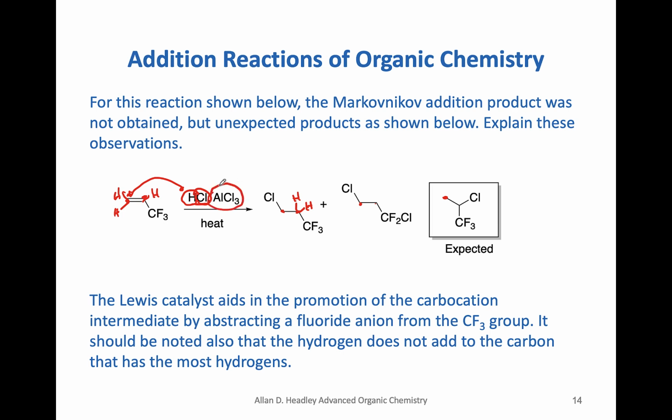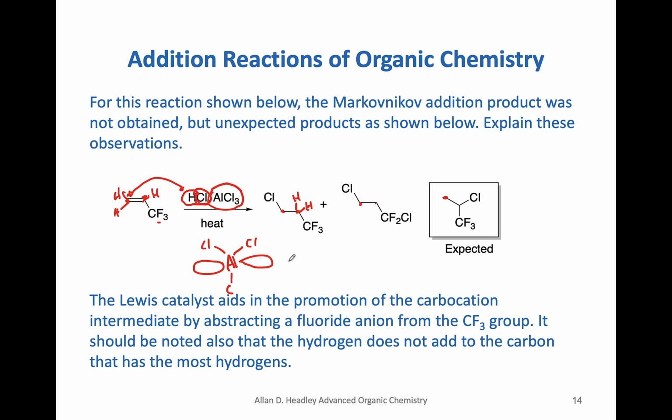As you can expect, this is one of the reactions that's unusual. So we add a catalyst here. The catalyst is a Lewis acid, so again it has a vacant orbital. So if you have Al and Cl and Cl and Cl, there's a vacant orbital here which can abstract one of these fluorines to form a fluoride ion.